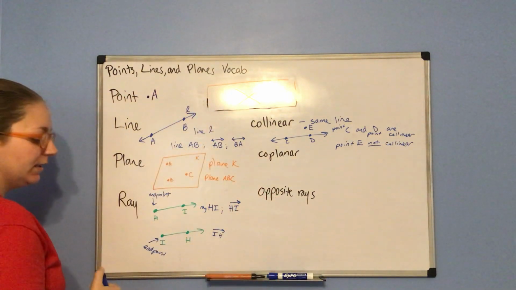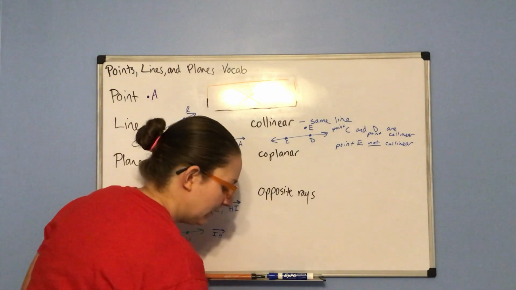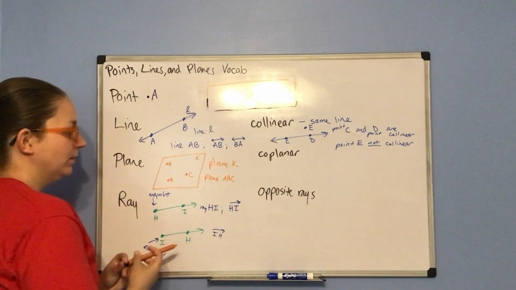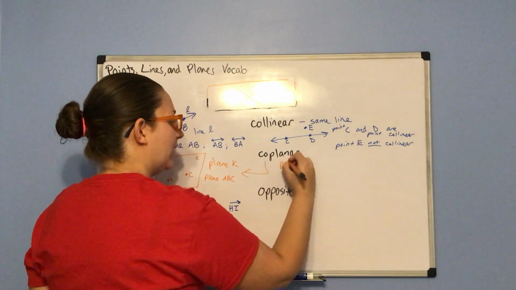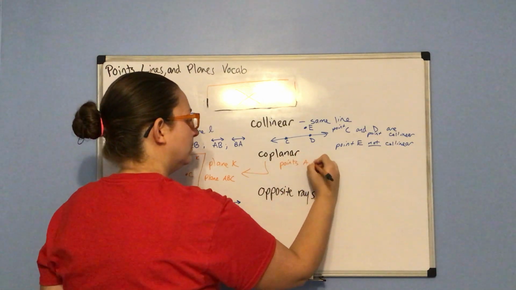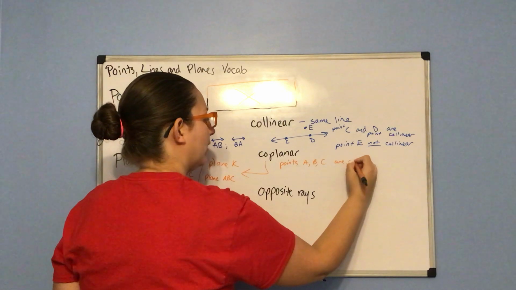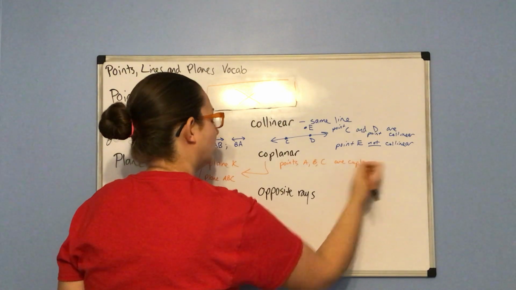Coplanar is the same idea except we're dealing with a plane. I'm just going to use the example we have right here. Points A, B, and C are coplanar because they fall on the same plane.